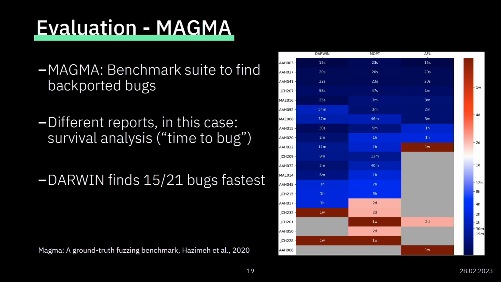And here DARWIN finds 15 out of 21 bugs the fastest among all fuzzers. But we also see that it has difficulties finding these lower bugs, or at least the Magma benchmark report says that the other ones can reach it within a quite long period of time.